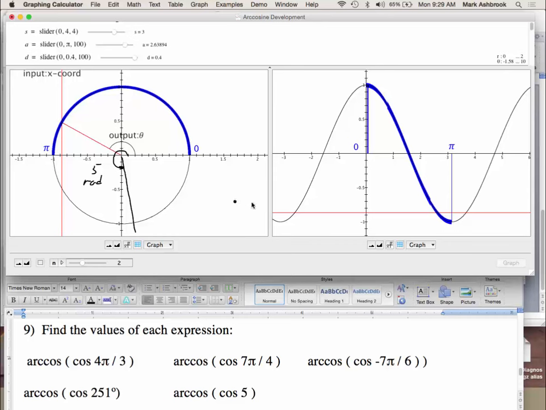So now we want to get what is the arc cosine of that. Which quadrant will we be looking at for arc cosine? First quadrant, right? We have a positive distance to the right of the vertical diameter, so that will be the angles between 0 and pi over 2.